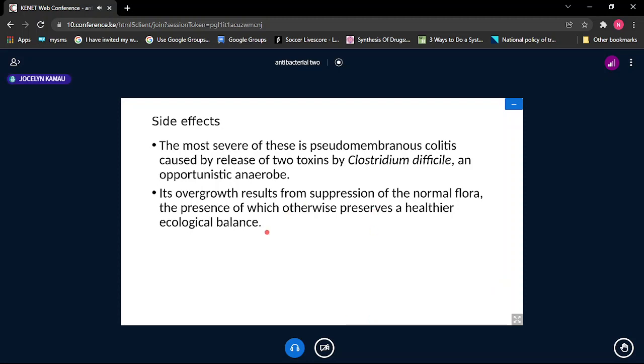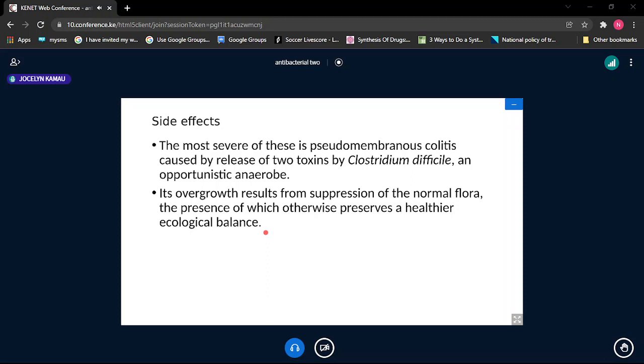Side effects, and as I had said earlier, especially clindamycin, it has a major side effect, and if the patient develops that side effect, then the drug must be withdrawn. That is what you call pseudomembranous colitis.